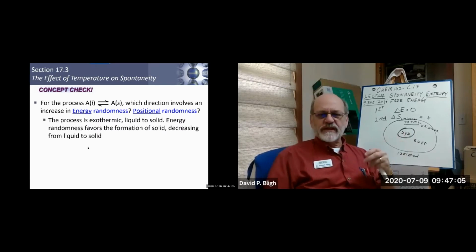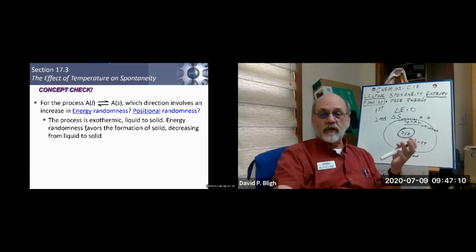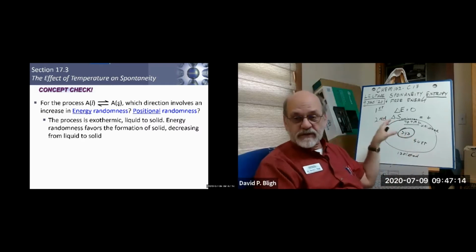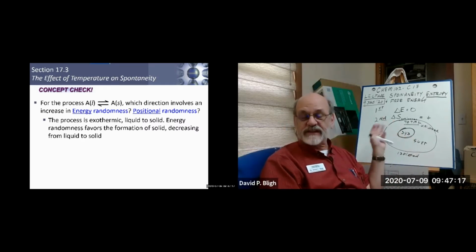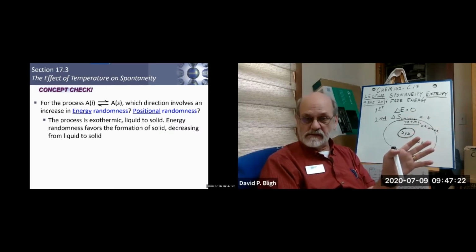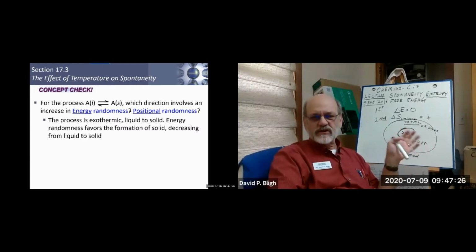If the process is exothermic, that is, we're going from liquid to solid, for our system, then it has to give up energy to its surroundings, correct? So if energy is leaving the system, we would say that the energy randomness decreases from going from liquid to solid.